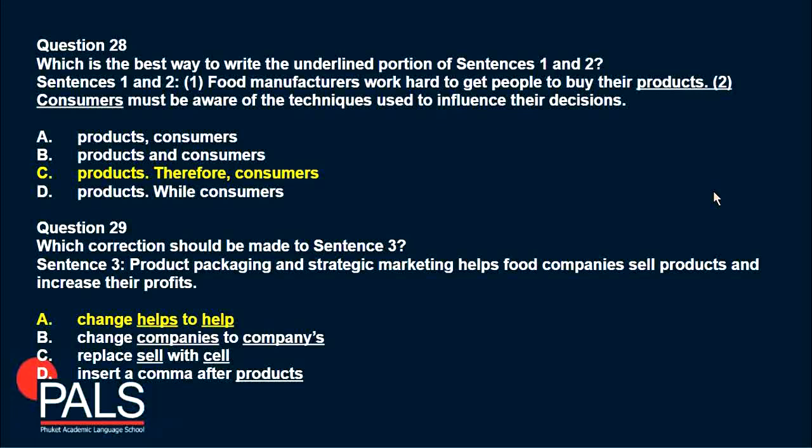Now, question number 29 has something to do with subject-verb agreement. This sentence has a compound subject, so the verb should be plural. All right? Product packaging and strategic marketing. We have two subjects in there. So it means the verb must not contain an S. So the best option is letter A.